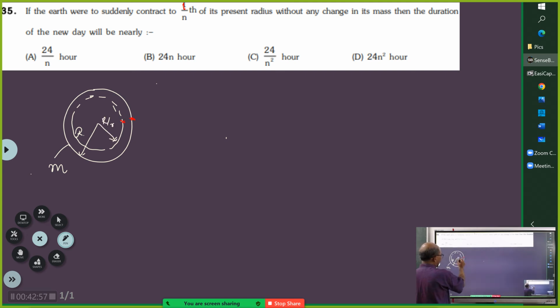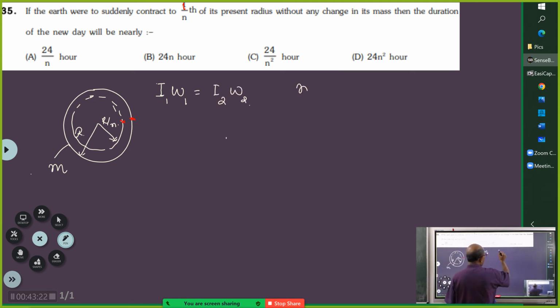This radius will be r by n. Here it has shrunk by itself, and no external force is acting, so the angular momentum of the system is conserved. What is angular momentum? I1 omega 1 is equal to I2 omega 2. We used to write m1 v1 is equal to m2 v2. Similarly you are writing this. That's all.